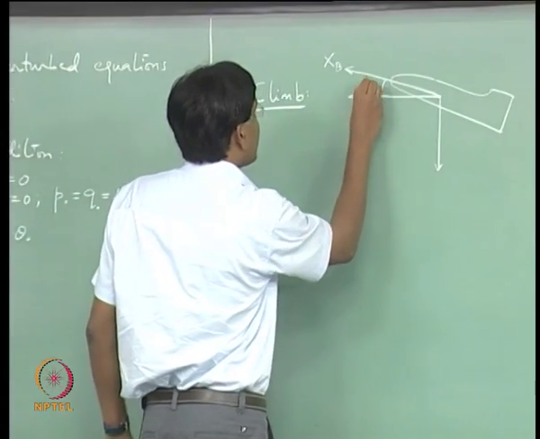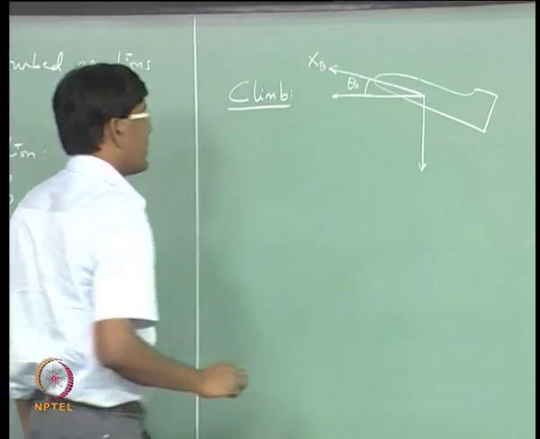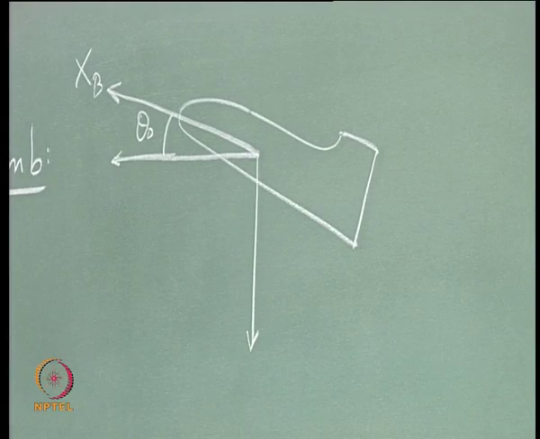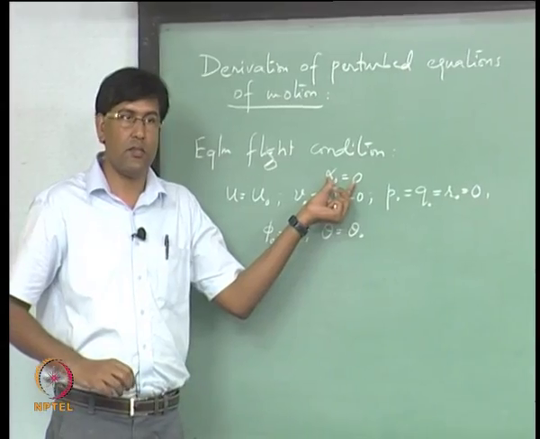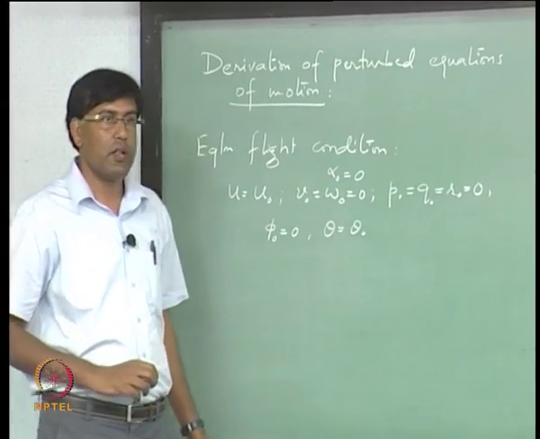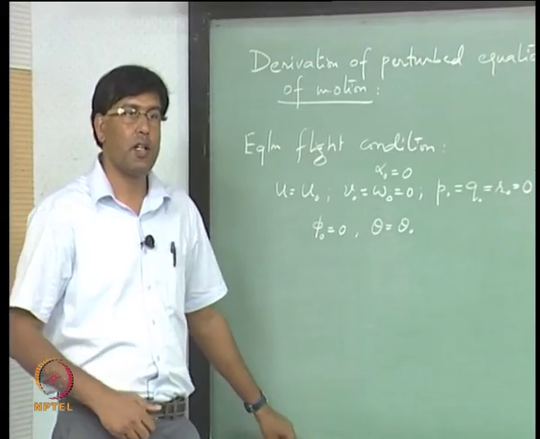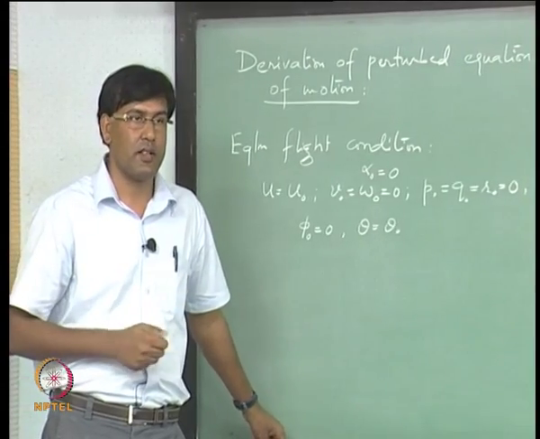So, this angle is theta naught, and alpha naught is 0. U, V, W are all along the body fixed axis.